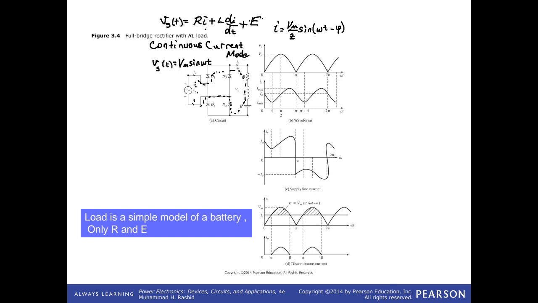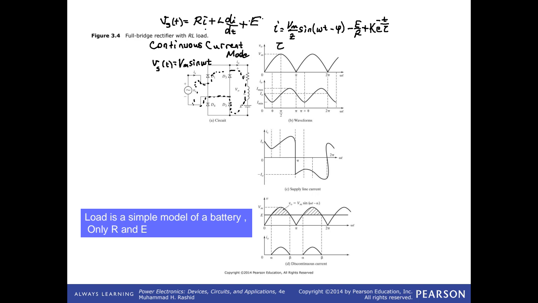This is the steady state solution. Minus E over R. This is also another steady state solution. Source. Plus K e to the power minus t over tau. I always use tau.